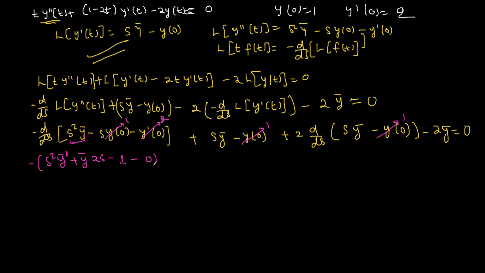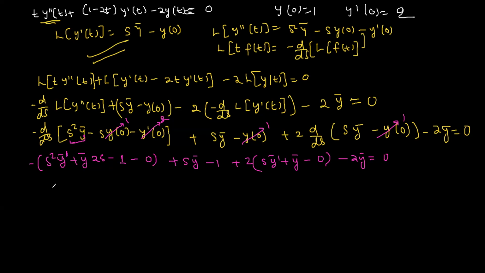The derivative of 2 is 0 because 2 is constant. Understood? The derivative of s y bar dash plus y bar is s derivative is 1, and the derivative of y0 is 0. Okay?